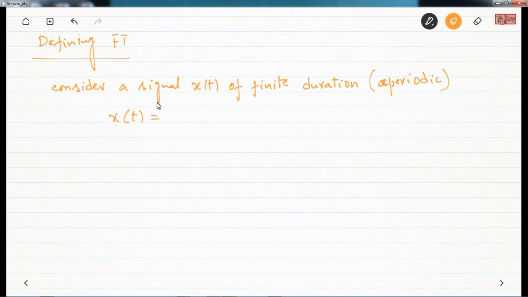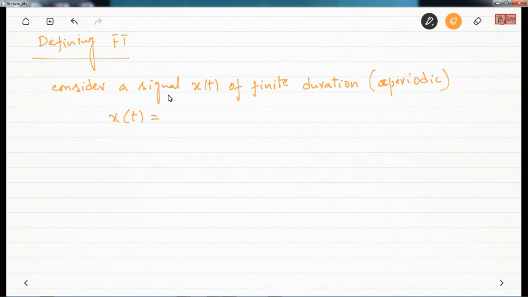Any periodic signal has infinite duration. Is that right? Yes, because x of t plus capital T, where capital T is the period, should be equivalent to x of t. So when x of t is periodic with period T, it should also be periodic with period 2T, period 3T, and so on.